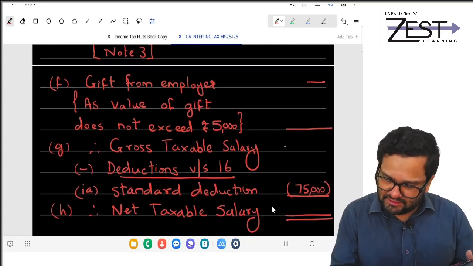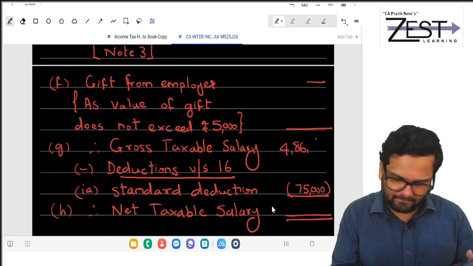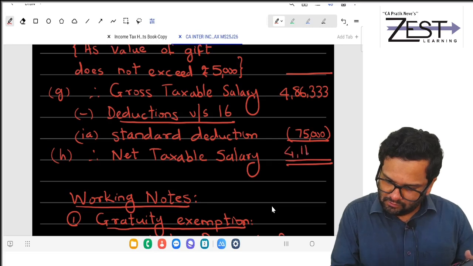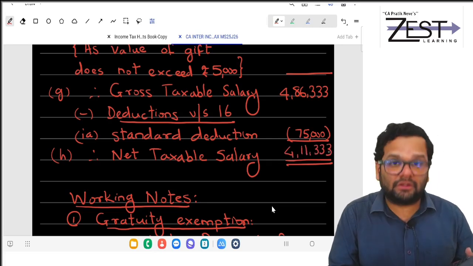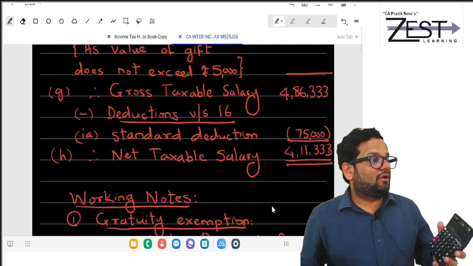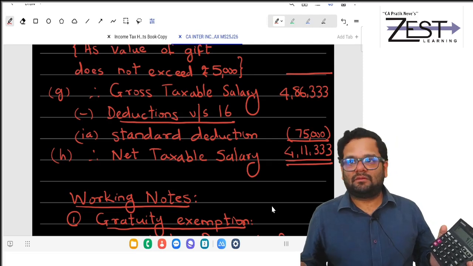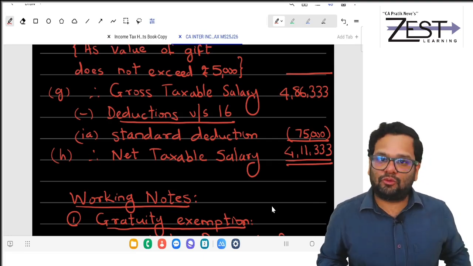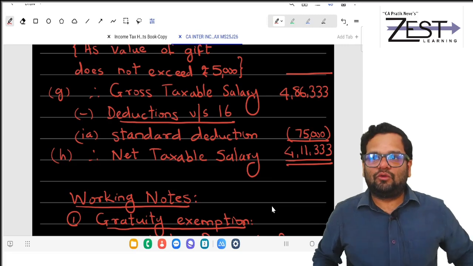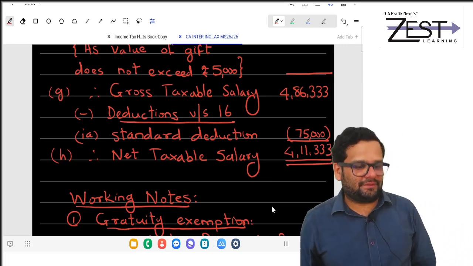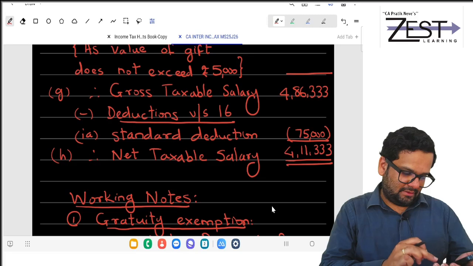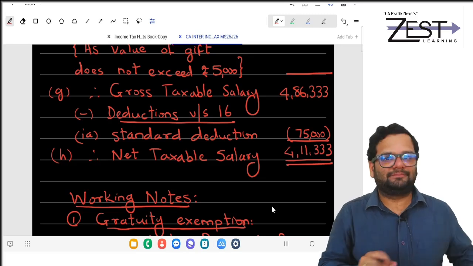Your gross taxable salary should be, so finally, how many of you got this figure totally? Okay, one mistake, two mistakes. Good, but you tried. I'm happy about that. 4,11,333 should be your final answer. Yes, perfect.